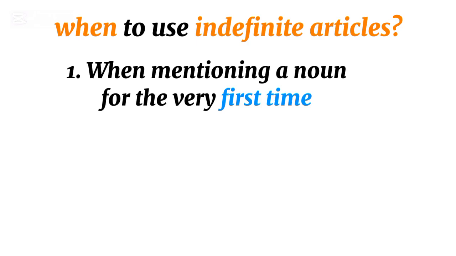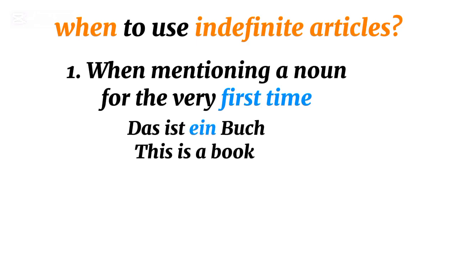We will say, das ist ein Buch. We are just introducing the noun book here for the very first time. The same way in English, this is a book. When you are using that indefinite article in English, it is used for the first mentioning, okay?